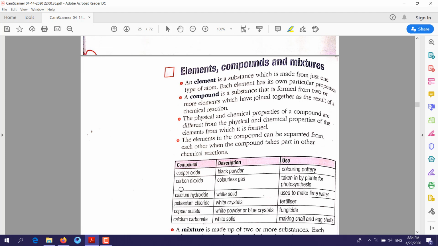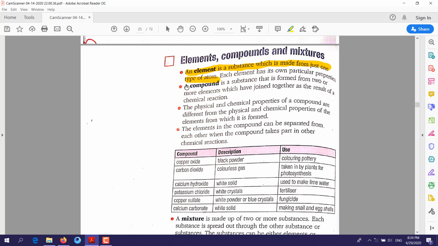Elements, compounds, and mixtures. Again, the definition of an element: a substance that is made up of only one type of atom. What will happen if different atoms join each other? Then they will form a compound.